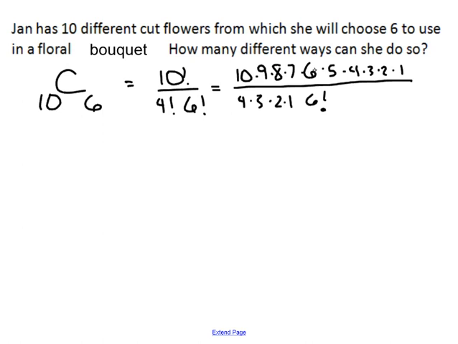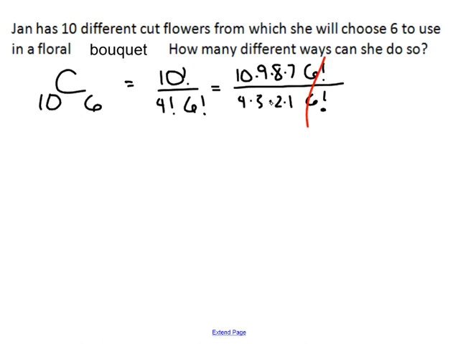In fact, up here, I could have just done 10 times 9 times 8 times 7 times 6 times 5 times 4 times 3 times 2 times 1. That's what that means. So this is kind of a little shortcut way of writing it. You can write it all out if you want to. Nothing wrong with that. It's just way easier to just write out what you need to.